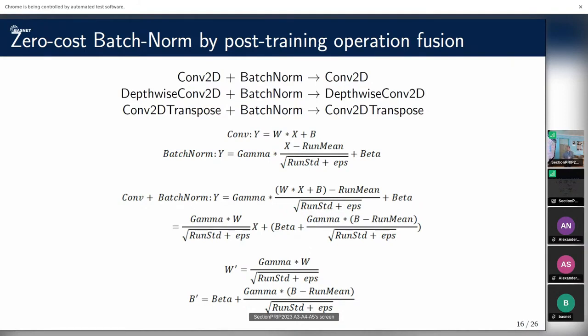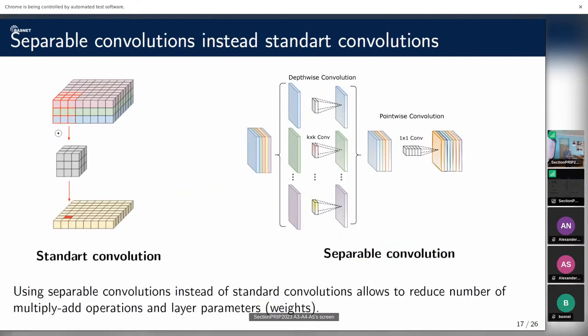It's batch norm fusion with convolution. If you have convolution and batch norm, then for inference you can merge these operations into new convolutions. So batch norm will be free for inference.